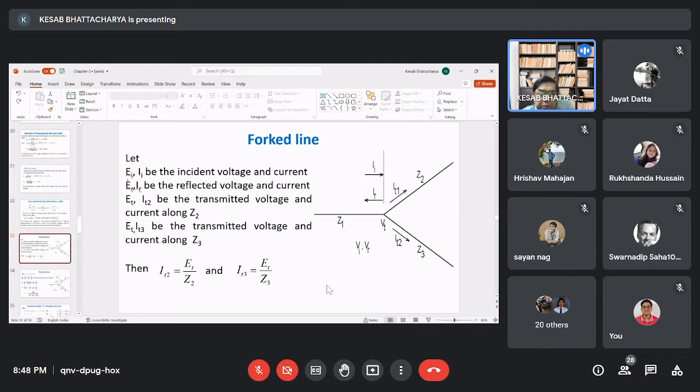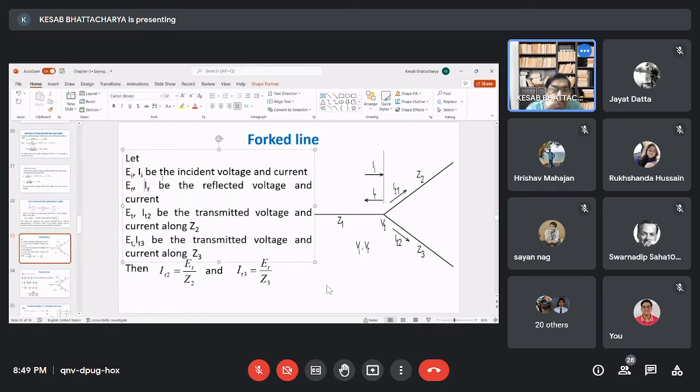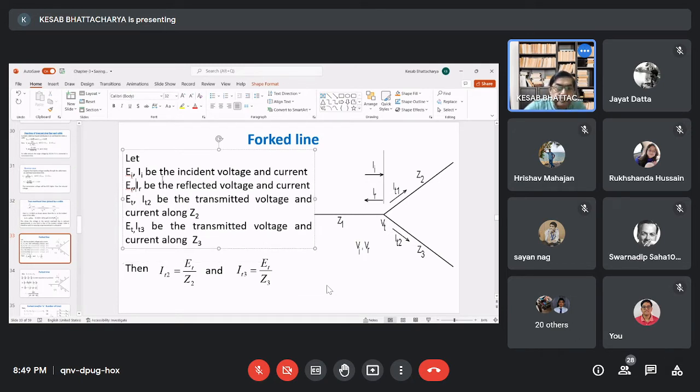Here we assume that EI and II be the incident voltage and current. Similarly, ER and IR be the reflected voltage and current.